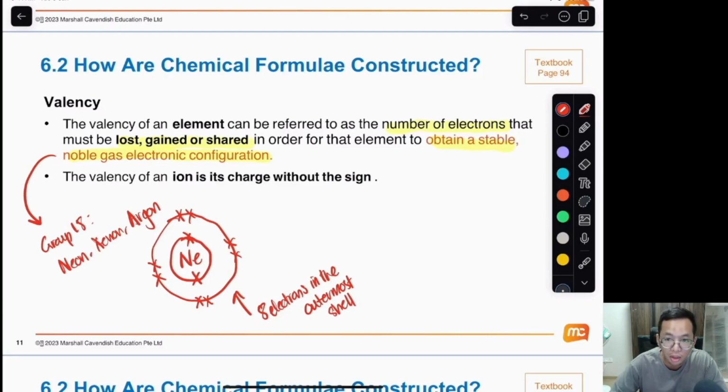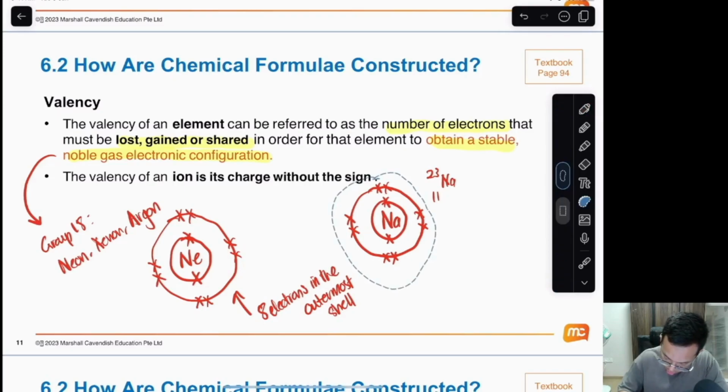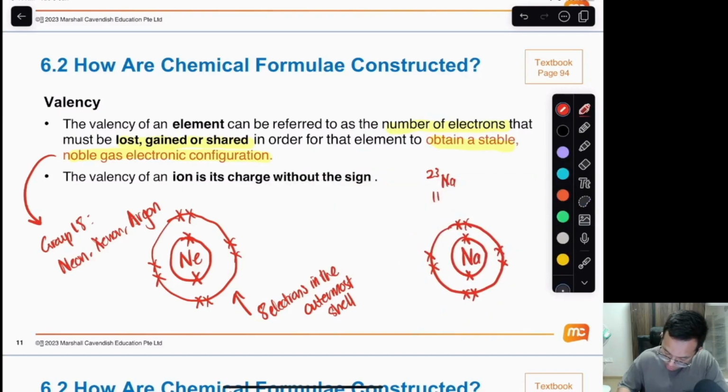Okay, the valency of an ion is its charge without the sign. So, for example, a simple one, we have sodium. Sodium is 23 and 11. If you want to count the valence electrons, we only have 10 so far, so we need to use one more electron shell, 1.